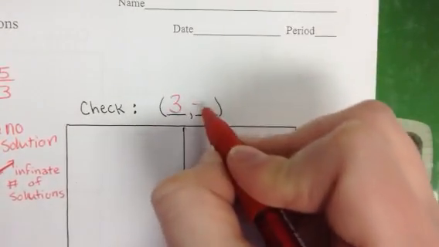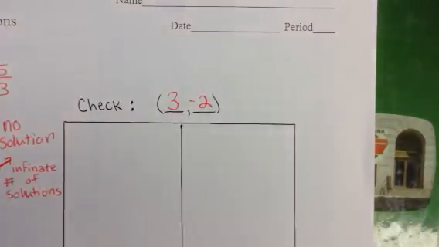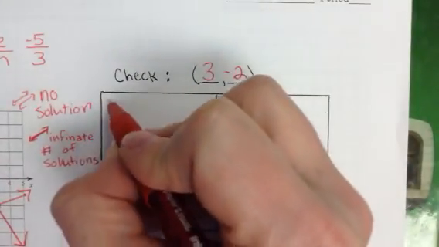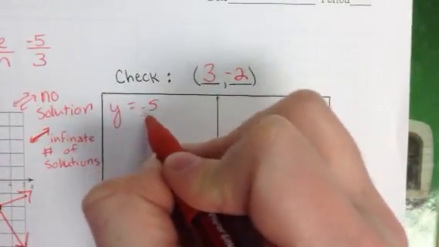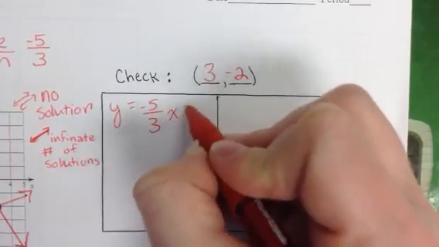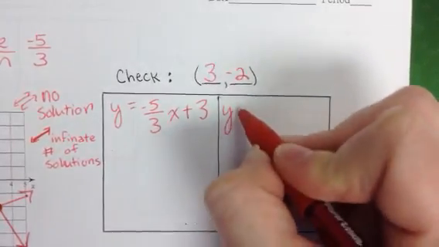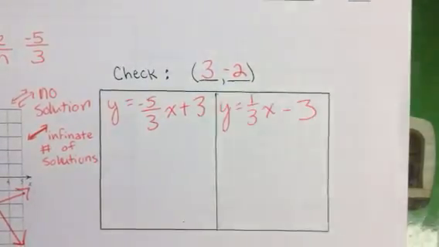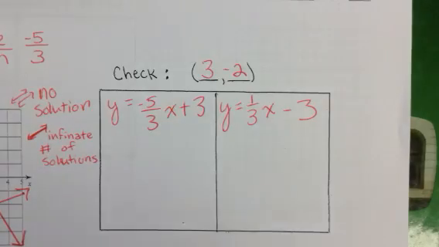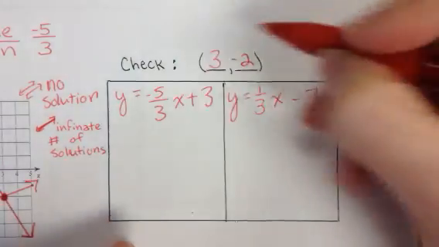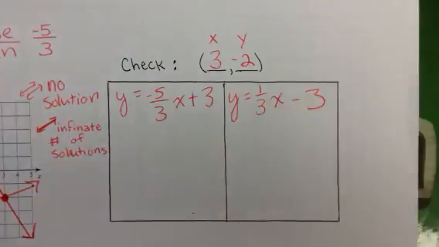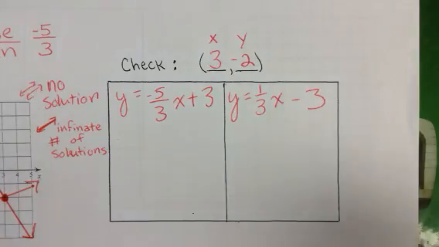So you want to check it to make sure that it's right. Okay, so I'm going to write these 2 equations out in this box. For your ordered pair, I would label it as an X and then a Y, just so it will help you plug these numbers into the equations.